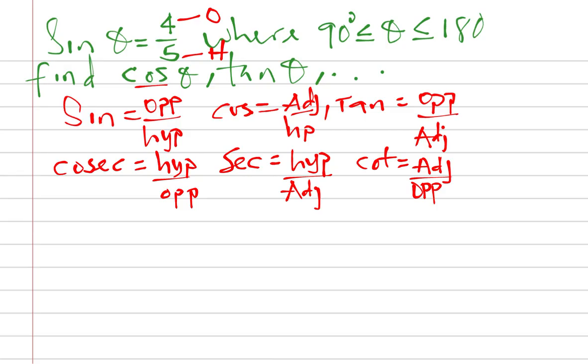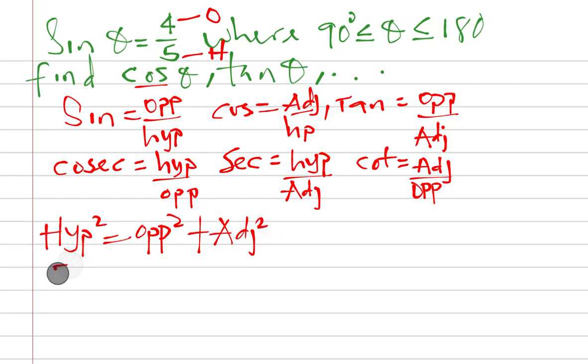Now for us to get adjacent, we are going to use the Pythagoras theorem. The Pythagoras theorem states that hypotenuse squared is equal to opposite squared plus adjacent squared. Our hypotenuse here is 5, so 5 squared equals 4 squared plus a squared. Let's call our adjacent a.